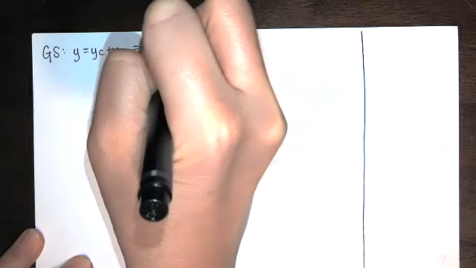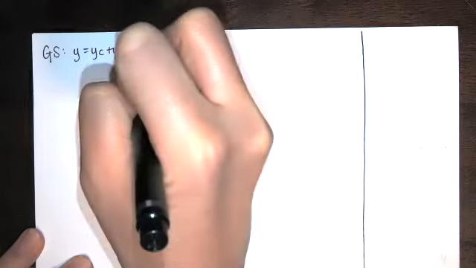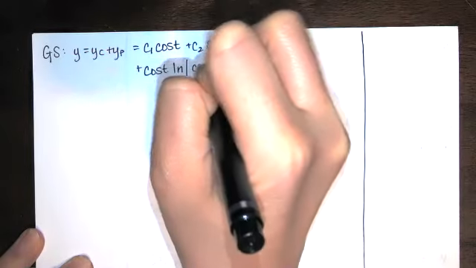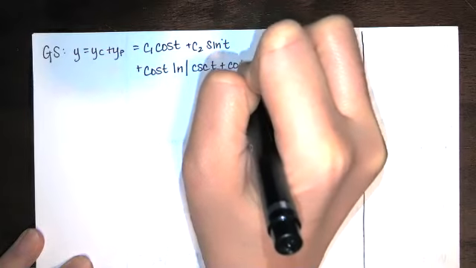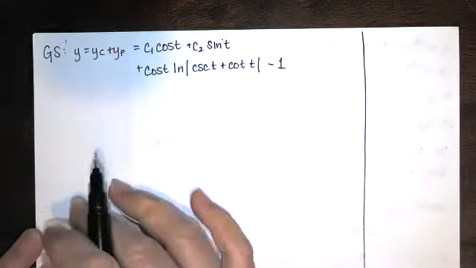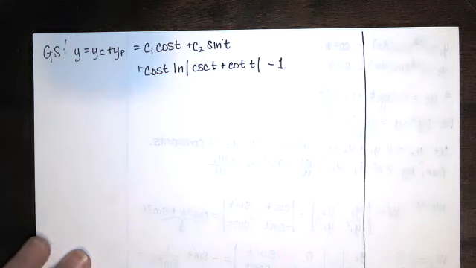So you have c1 cosine of t plus c2 sine of t plus cosine of t times the natural log of cosecant of t plus cotangent of t in absolute value, -1. And this would work on an interval where sine of t is non-zero, and we did not have an initial condition.